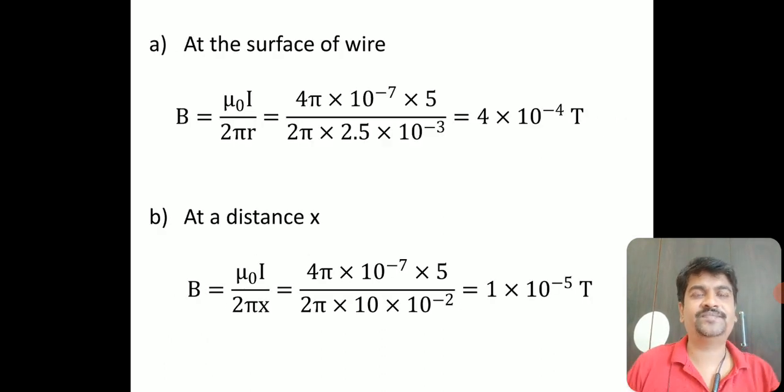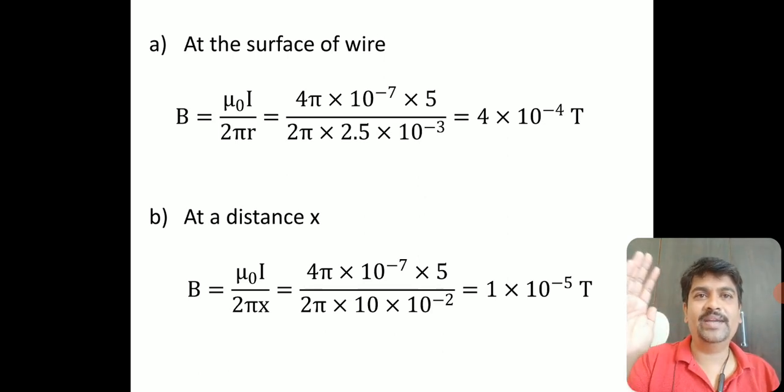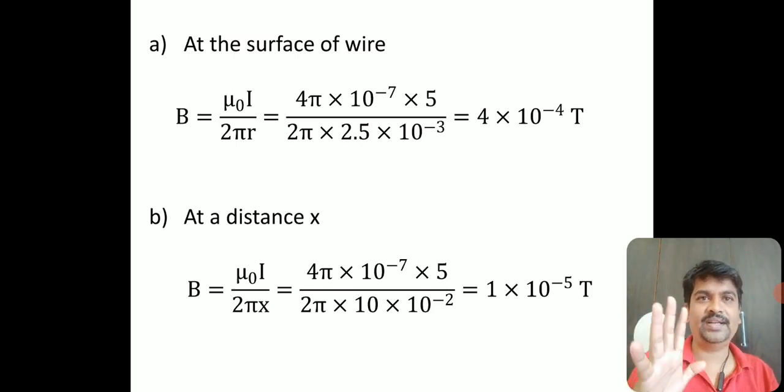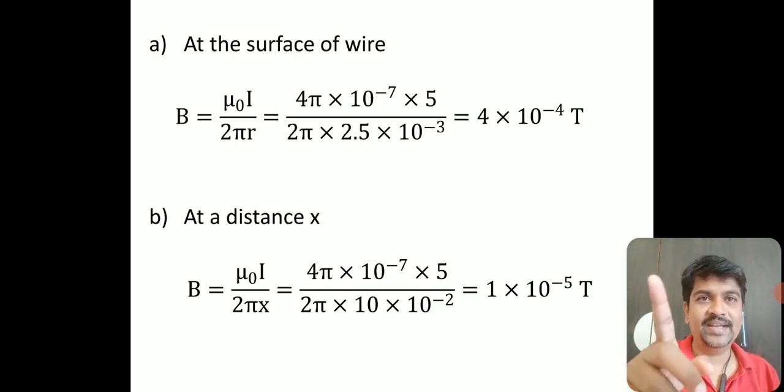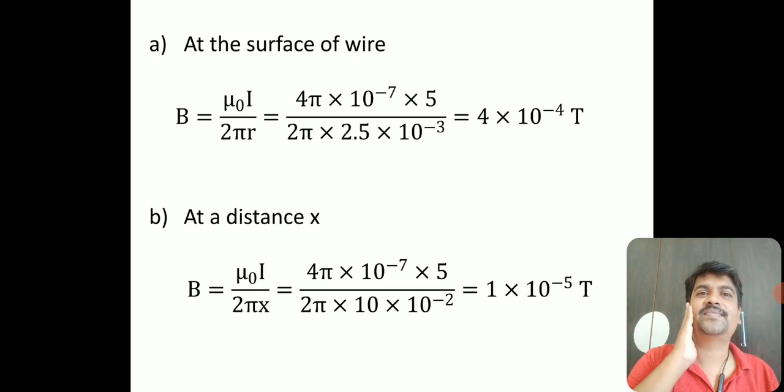As I told you, the magnetic field for a straight conductor of finite length is mu naught I by 2 pi r, where small r is the radius of that copper wire. You won't get n, the number of turns, here because it's a straight copper wire.